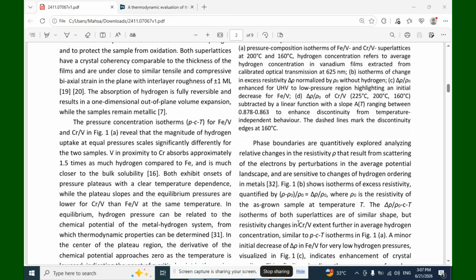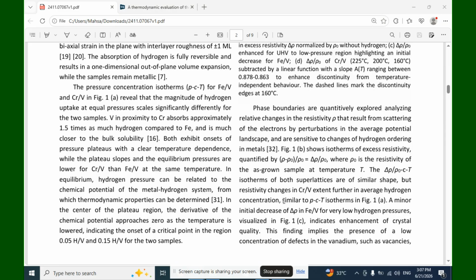The delta rho per rho 0 Ct terms of both superlattices are of similar shape, but the resistivity change in the chrome V extends further in average hydrogen concentration, similar to rho Ct in figure 1a. A minor initial decrease of delta rho in Fermi V for very low hydrogen pressures, visualized in figure 1c, indicates enhancement of crystal quality.